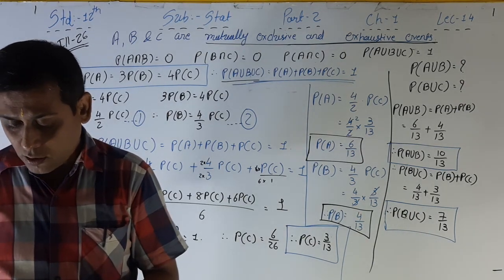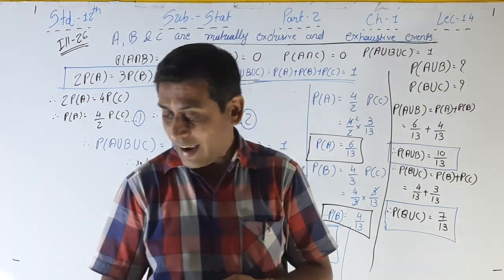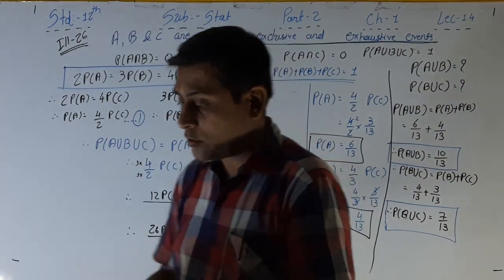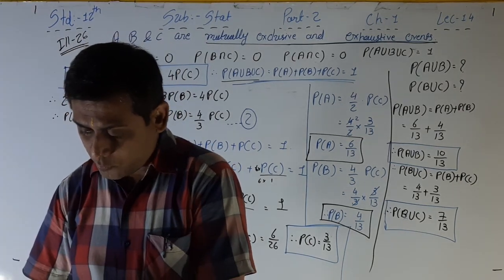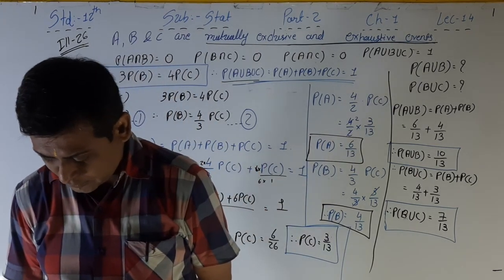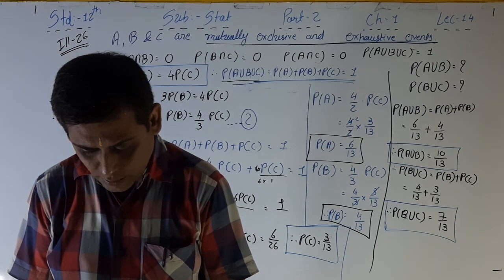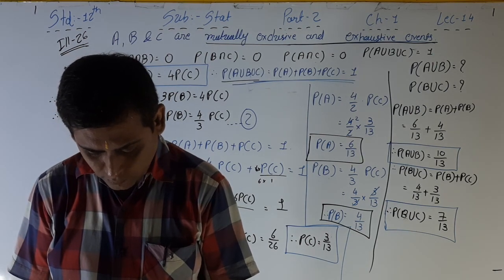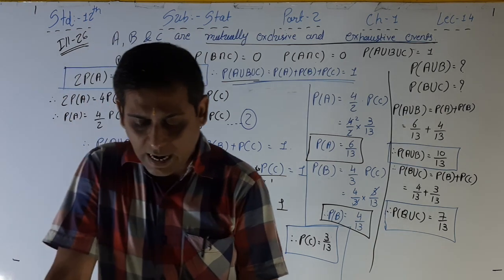And here your illustration number 26 is over, and here is your homework. See, time for homework. Exercise 1.3, question number 1, 2, 3, 4, 5, 6, 7, all is over. 8, yes, over. Now, question number 9.